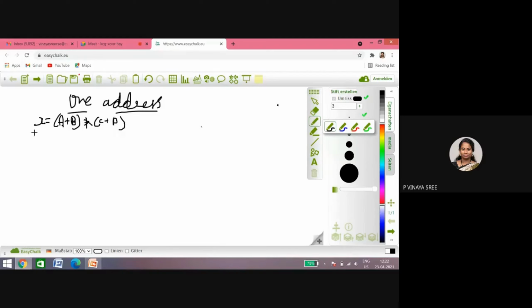So let me start with x equals a plus b into c plus d. We start with the first instruction, load a. Load a indicates we are loading the memory value into the accumulator, so the accumulator gets M of a.